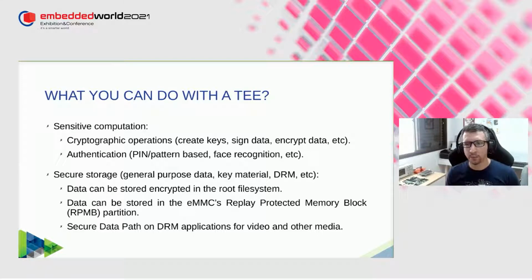And if you have some kind of resource in the hardware, for example, a secure data path in the hardware, you could use it to make the secure world send all of those data directly to the device, for example, a graphical card or an audio device, without dealing with this data in the non-secure world. So if you have some vulnerability in the non-secure world, an attacker will not be able to read all of your data, right? That could be, for example, DRM content, because the attacker doesn't have access to the secure world.